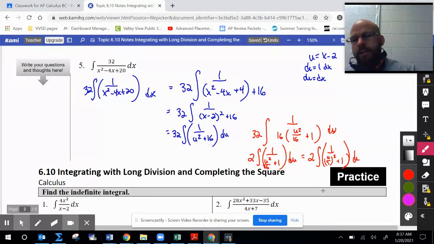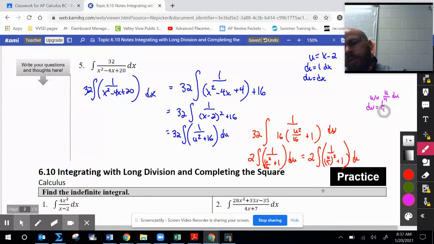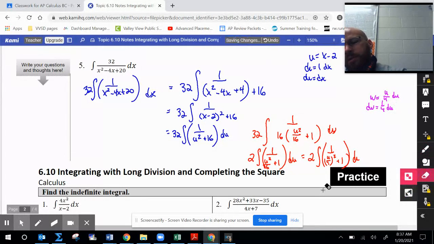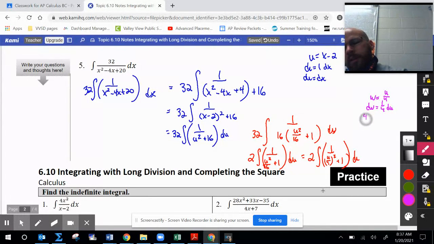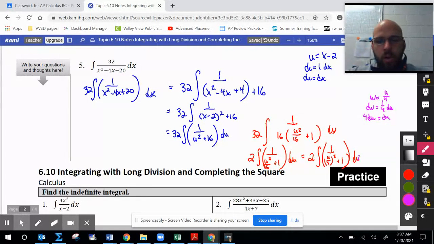And then last but not least, you have to do a second u substitution. I'm going to make w be that u over 4. So then dw would be a 1/4 du. And then I would get a 4 dw equals du. So I'm going to go way to the left because that's the only place I have room right now.